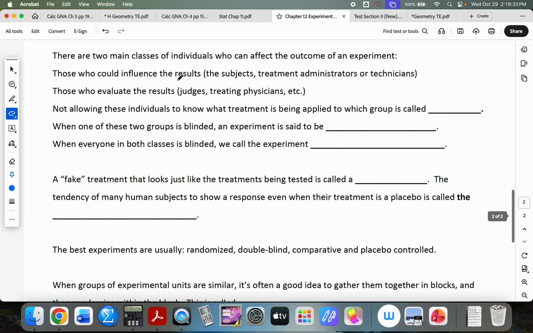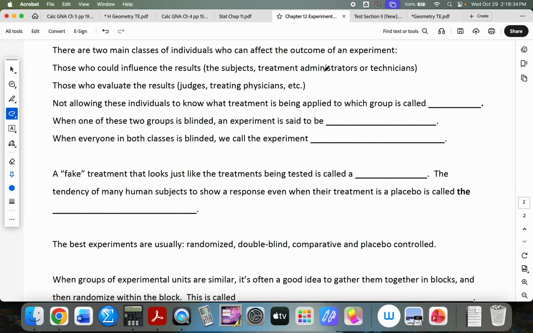So there are two main classes of individuals who affect the outcome of the experiment. Those who could influence the results, that is, the subjects, the treatment administrators, or the technicians, and those who evaluate the results. Now, in some cases, the evaluation is a hard and fast number.